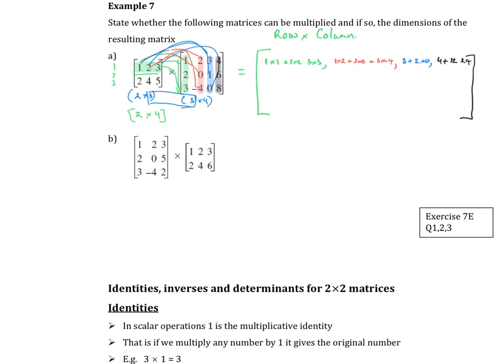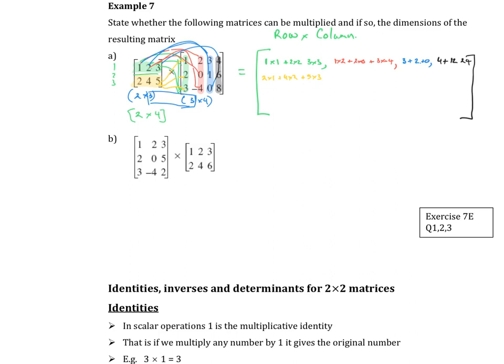And now I do exactly the same process with this row of numbers. So I'm now going to go new row, 2 times 1 plus 4 times 2 plus 5 times 3.